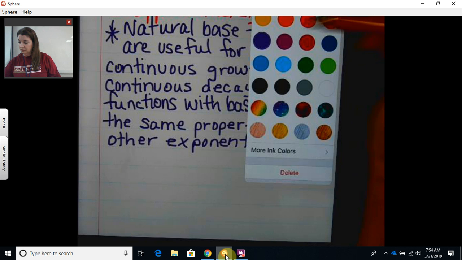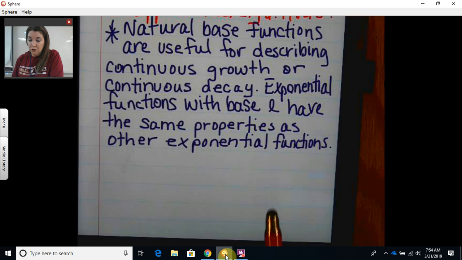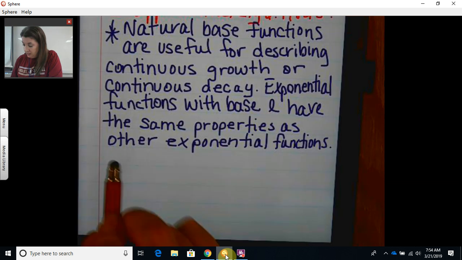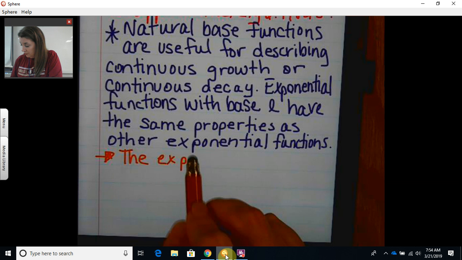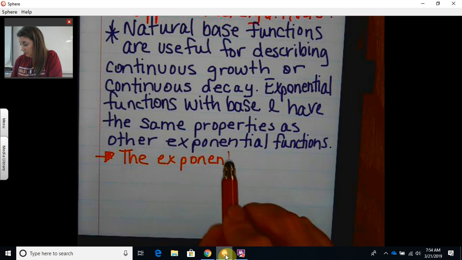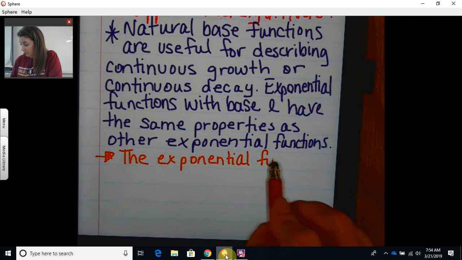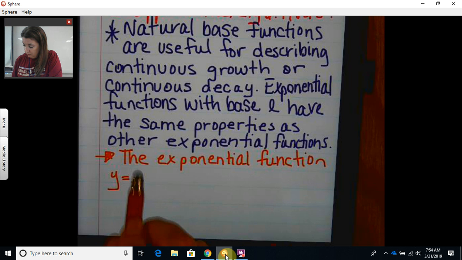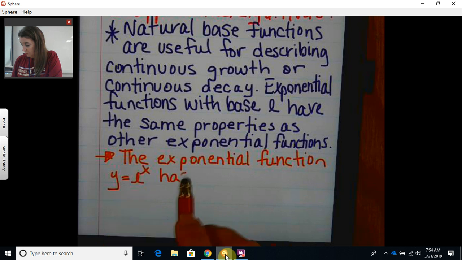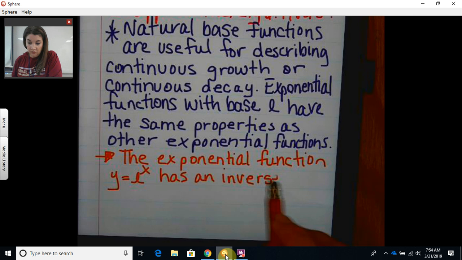All right, the exponential function y equals e to the x has an inverse, the natural logarithmic function.